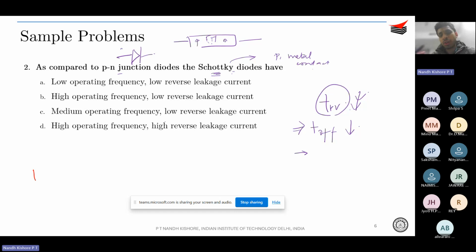The Schottky diodes are going to take much lesser, right? It can be even an order lesser, right? In that case, the T off is going to be lesser. Therefore, you can use these kind of diodes for high frequency applications. Okay, that is, you know that if your frequency is high, your entire on duration itself is going to be lesser. Therefore, you require fast switching times.